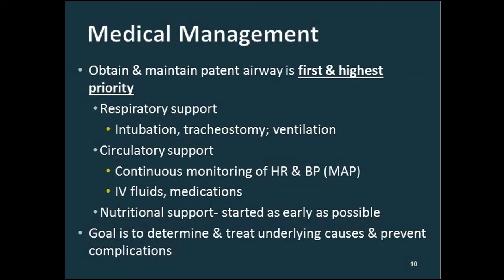So it would be essential for us to support circulation, either with IV fluids or our vasopressor medications, to maintain the mean arterial pressure. Nutritional support, again, is started early. We've talked about that in the past with other areas, because you want to preserve gut function as much as possible. And then, of course, the goal is to find out what the problem is and treat it if you can, and then prevent any kind of complications that might be pending.